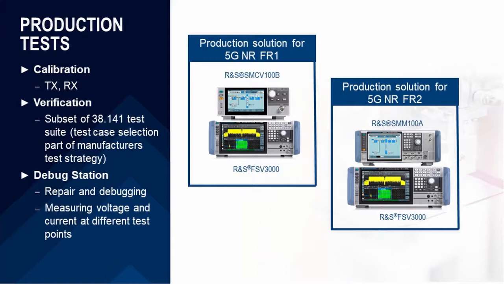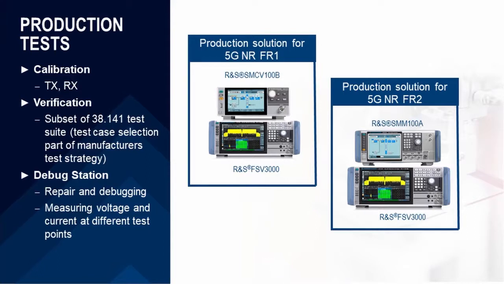And also the debug stations for repair and debugging the small cells and measuring voltages and currents at different test points, for which you can use an oscilloscope or a digital multimeter as introduced in the first part, during the digital design tests, right?